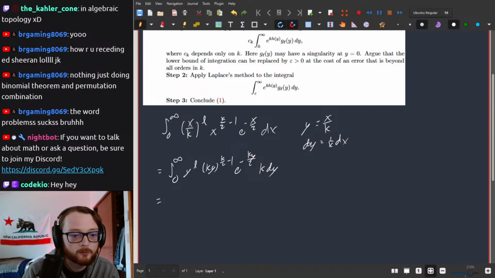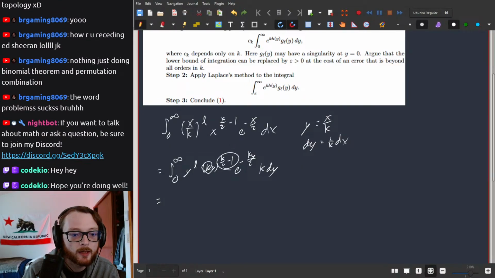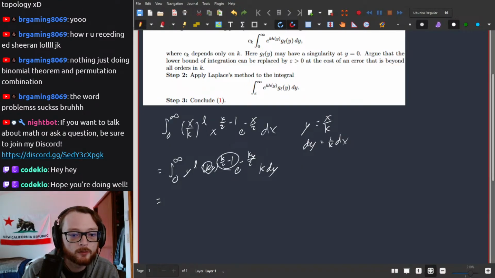So out front, we're going to have a k to the k over 2 minus 1 times k. So it's just k to the k over 2, which is a weird thing, but I'll allow it.